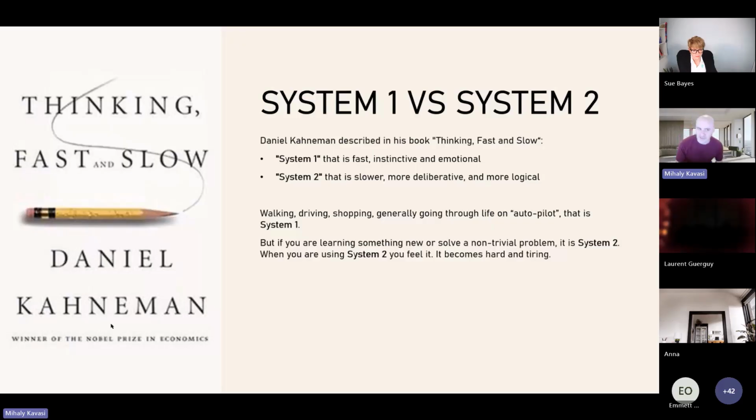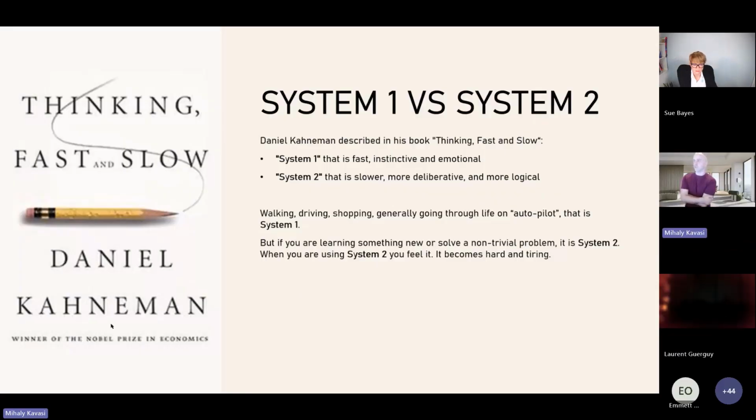And in order to understand how LLMs work, we need to understand how we work a bit better. I don't know how many of you have heard about Daniel Kahneman. He's a Nobel Prize winner, and he wrote the book Thinking, Fast and Slow. For what we are interested in, he basically described the brain as two different systems working together.